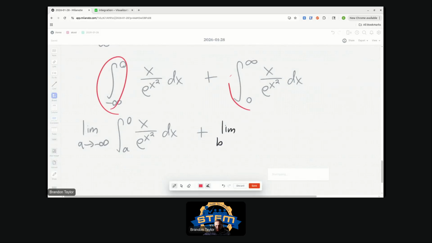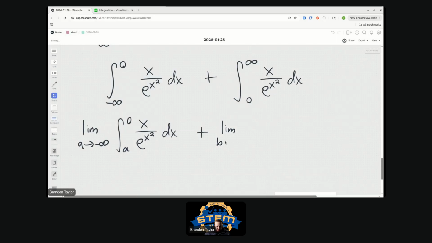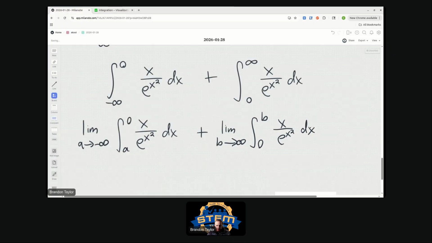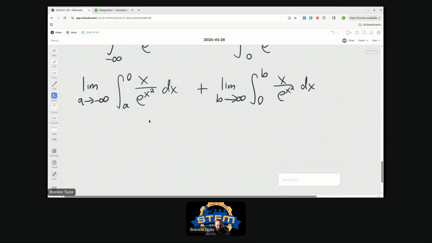You just look at it as two different versions, like the two that we did independently. You can split this one problem into both of those limits at the same time. And then 0 to b of x over e to the x squared dx.